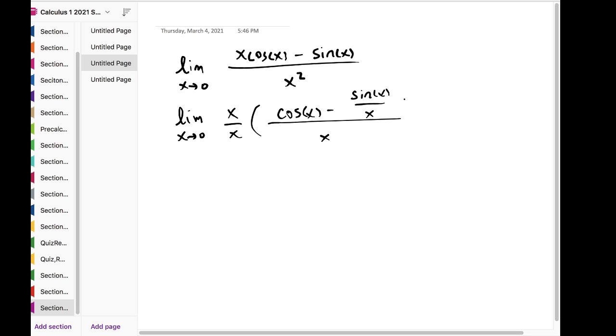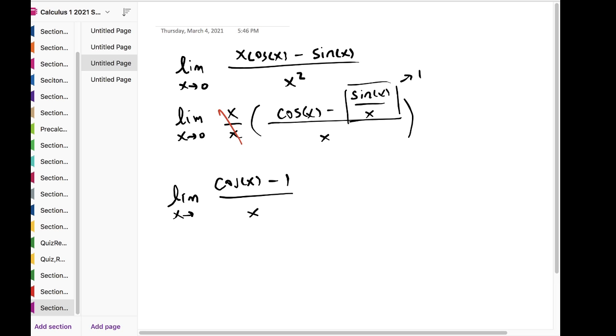So this cancels. And what is this limit? Right, this goes to 1. So what we're left with is cosine of x minus 1 over x.